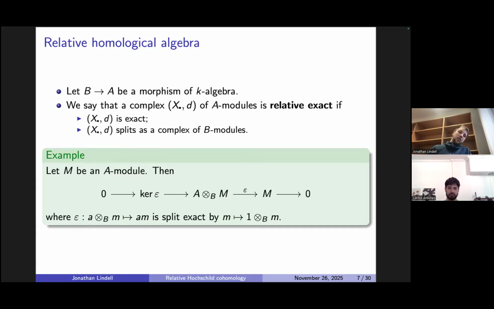And then we can take the kernel. So this is a short exact sequence, which is obviously exact. But we can also see that we have a splitting of the short exact sequence by sending M to one tensor M. And this is only split over B, not over A, but this works since the tensor product is taken over B, so we can move out the left action. And this actually works.